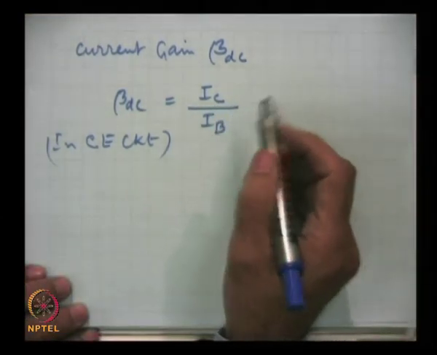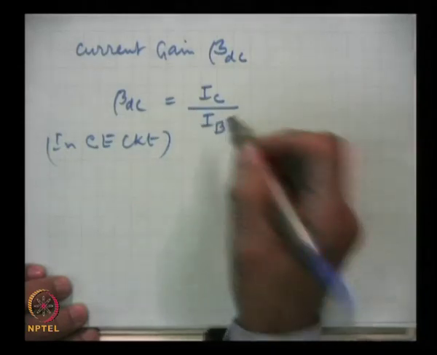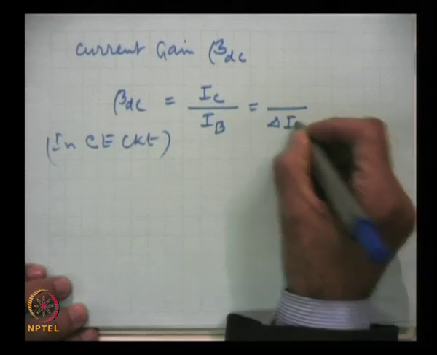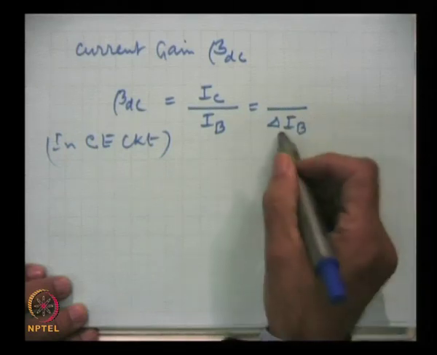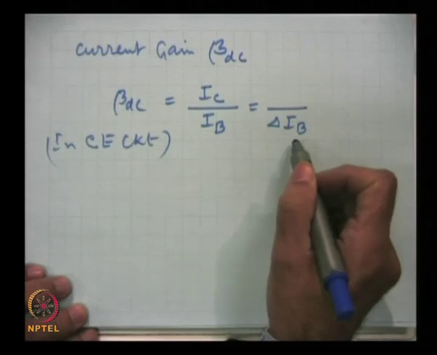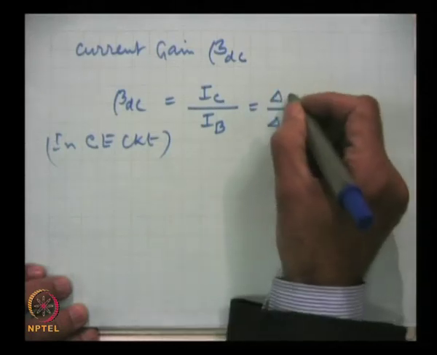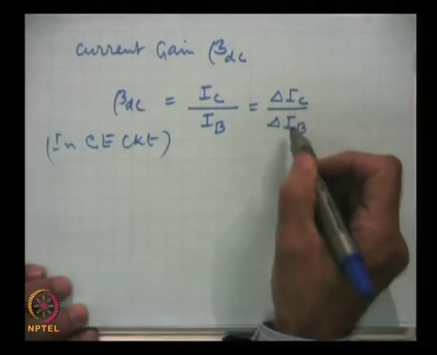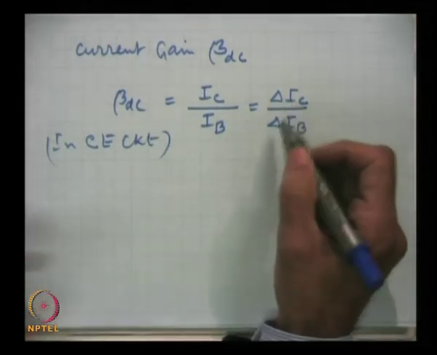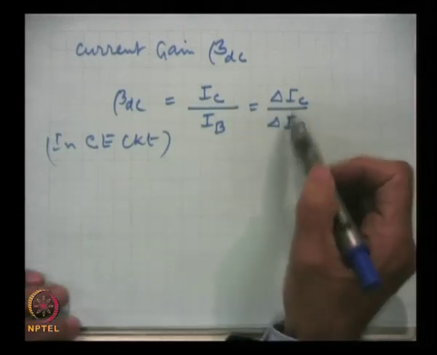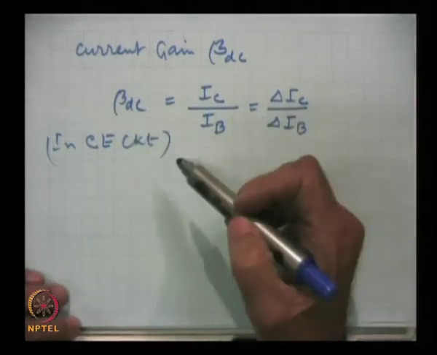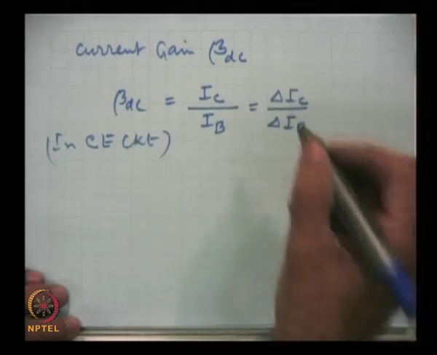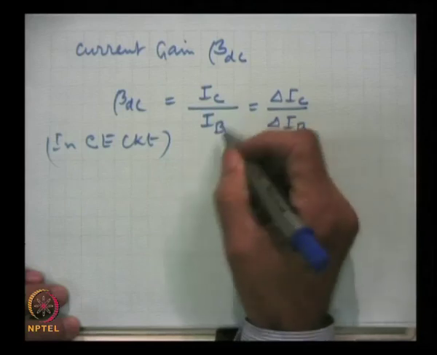Therefore, this is very high. This can also be defined in terms of the change: delta IB is the change in the base current, and if this gives rise to change in the collector current of delta IC, then this ratio is actually the way we can define and we can find out experimentally the value of the current gain beta. And this is very high.